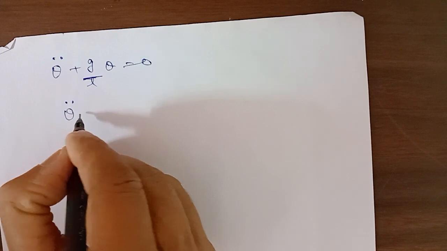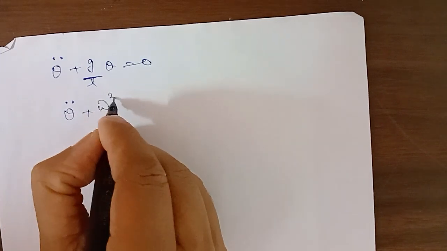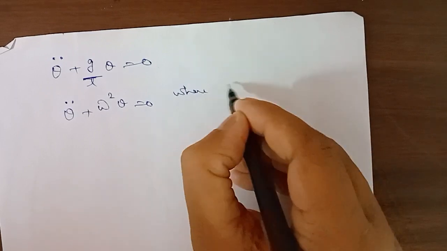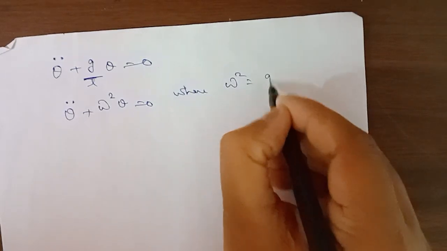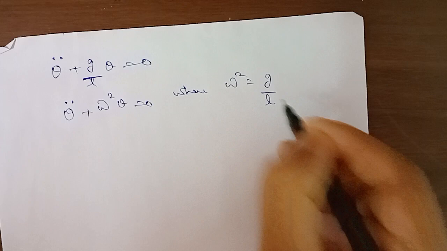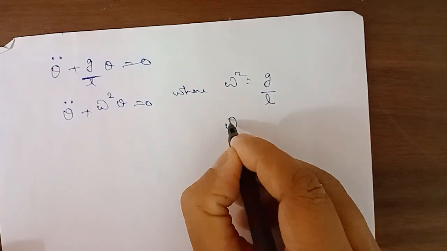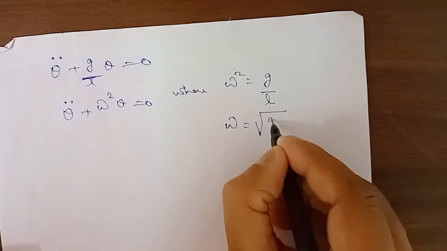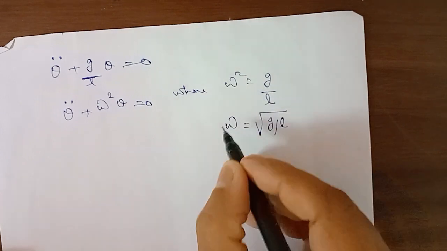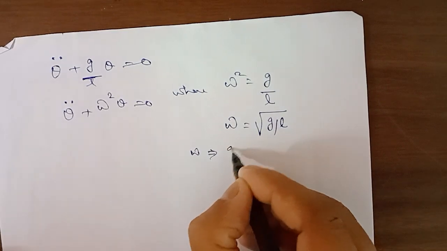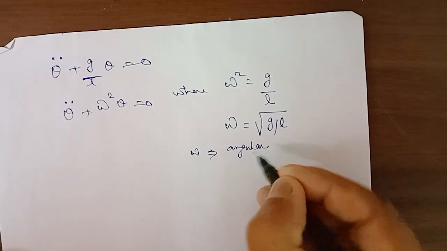Theta double dot plus omega square theta equal to 0, where omega square is equal to g by l, or omega is equal to root of g by l, where omega is called the angular frequency.